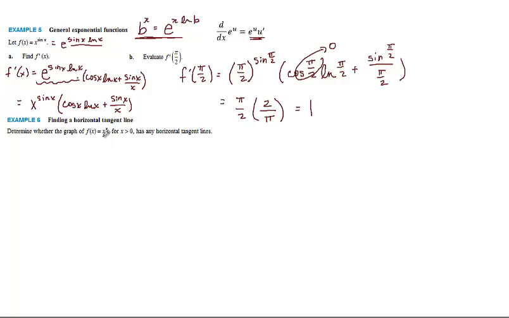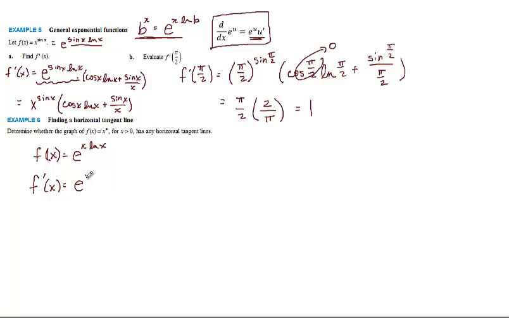Now once again, I don't have a rule for x raised to some function of x. I'm going to pull this little trick that I used before, and I'm going to say that f of x equals, and then what I would write is e to the x natural log of x. So in order to find a horizontal tangent line, I have to know the slope formula. So here's my slope formula. That's the derivative. And I now have some e to the u, so I'm going to use this bad boy again.